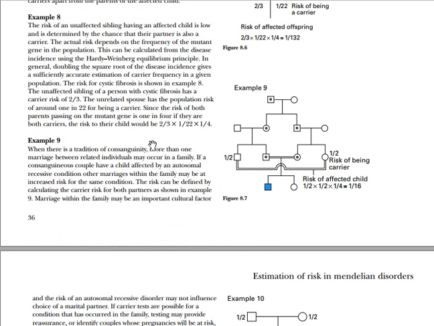Now, you also need to know that this diagram here is just showing that consanguinity is going to increase the risk for you to have an autosomal recessive disorder. So you may never see the autosomal recessive disorder. You see one generation has passed, second generation has passed, third generation has passed.